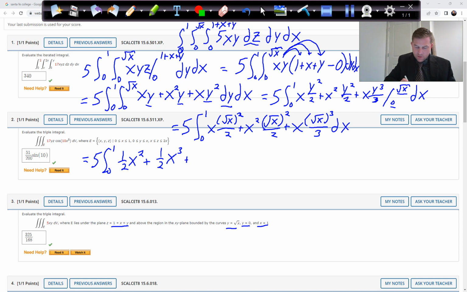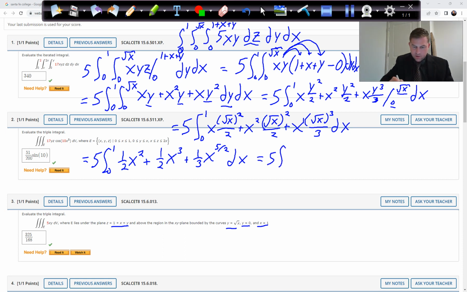This one is going to be 1/3 x raised to the, so x raised to the 1/2 raised to the third is 3/2, but this is x to the 1, so this is really x to the 5/2. So we have 3/2 plus 1, which would be 3/2 plus 2/2, which is 5/2. Okay, dx.